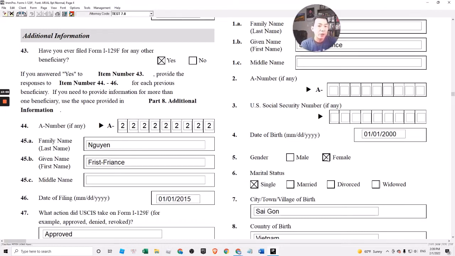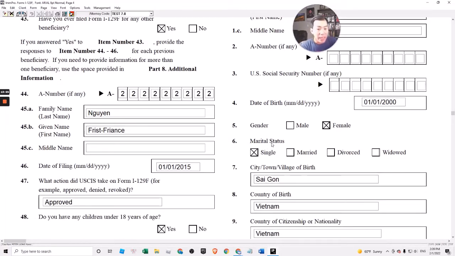If you are male, there is no problem if you sponsor your male fiancé. If you are female, there's no problem if you sponsor your female fiancé. You just check the correct gender shown on the passport, so that you don't have a problem with the immigration.